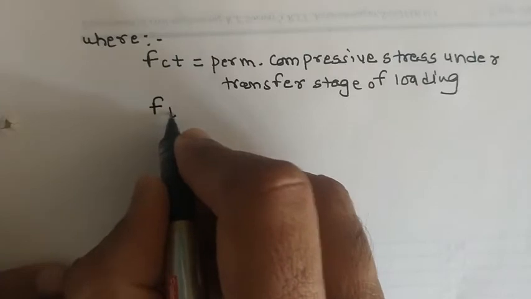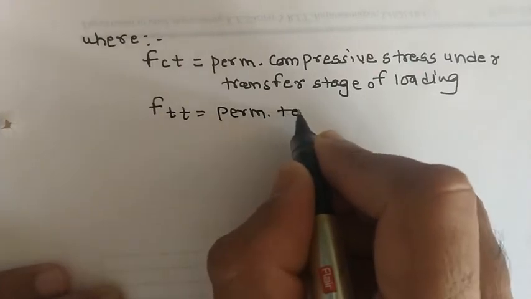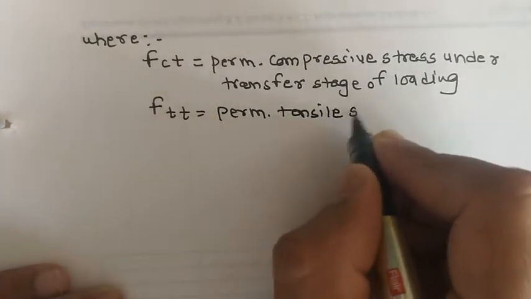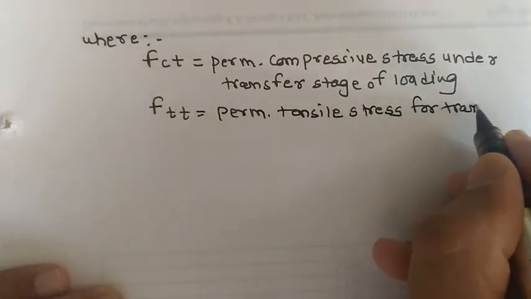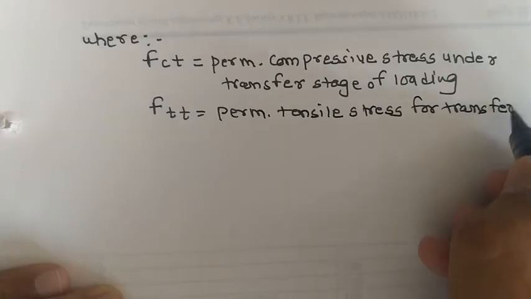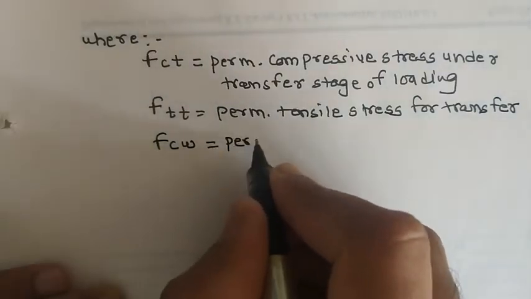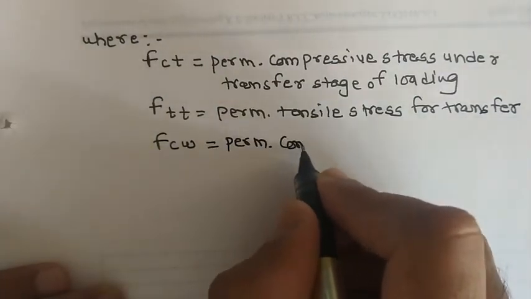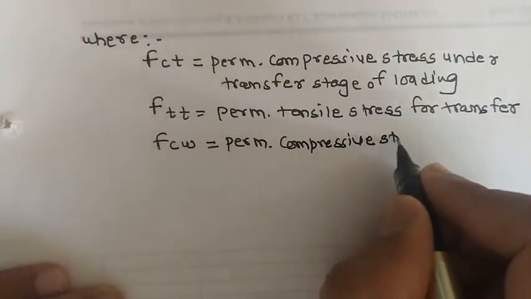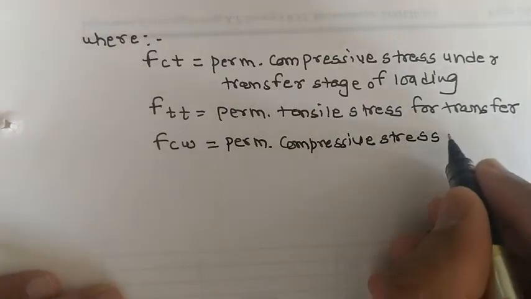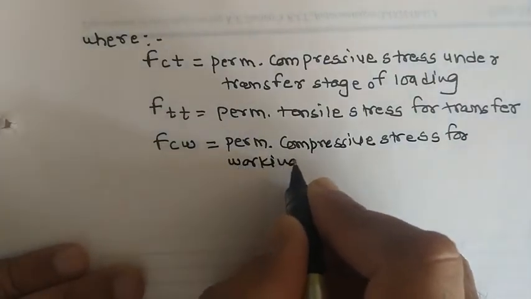Next is FTT, the permissible tensile stress for transfer. FCW is the permissible compressive stress for working load condition.